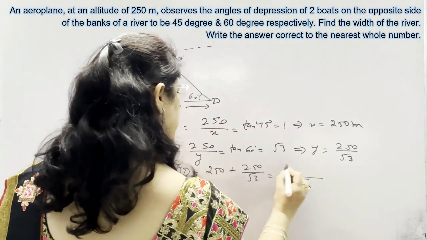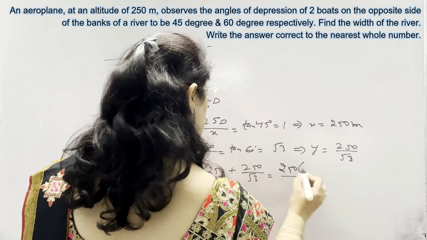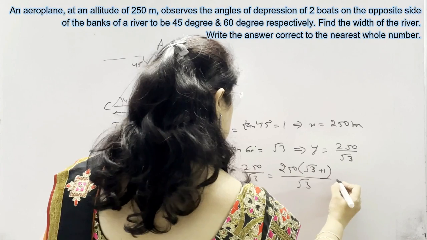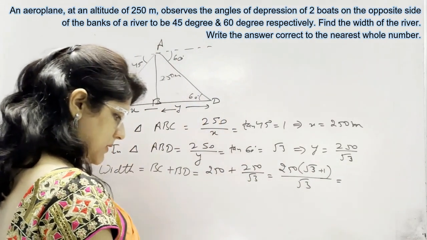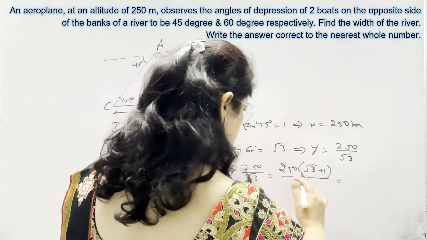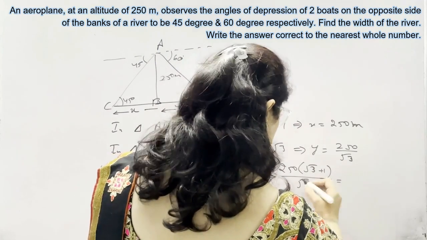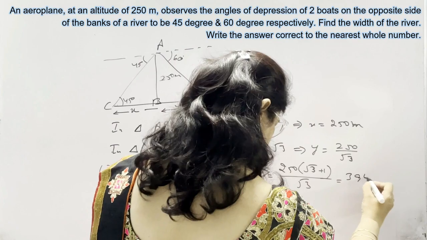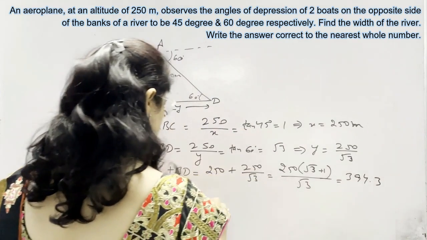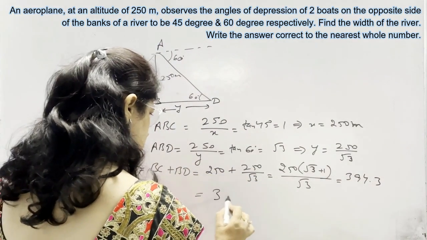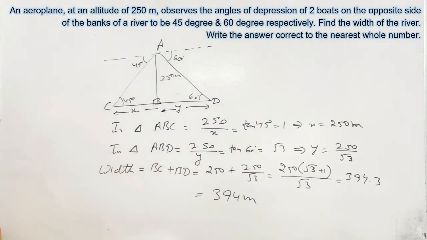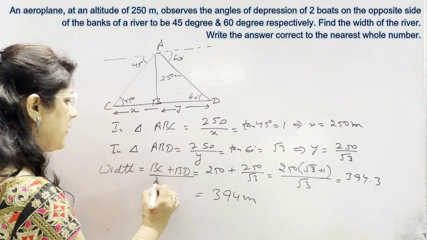Taking LCM root 3 and 250 common in the numerator, root 3 plus 1. So its value comes out to be 394.3, and they have asked for a whole number. So 394 meter is the width of this river, x plus y.